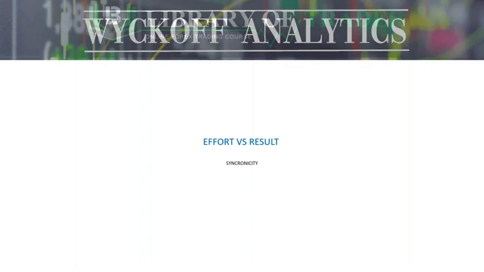Synchronicity usually is going to be either increasing effort, increasing result, or it's going to be diminishing effort, diminishing result. That's where synchronicity is. And we would be judging the character of that synchronicity as well. Why is it so important?